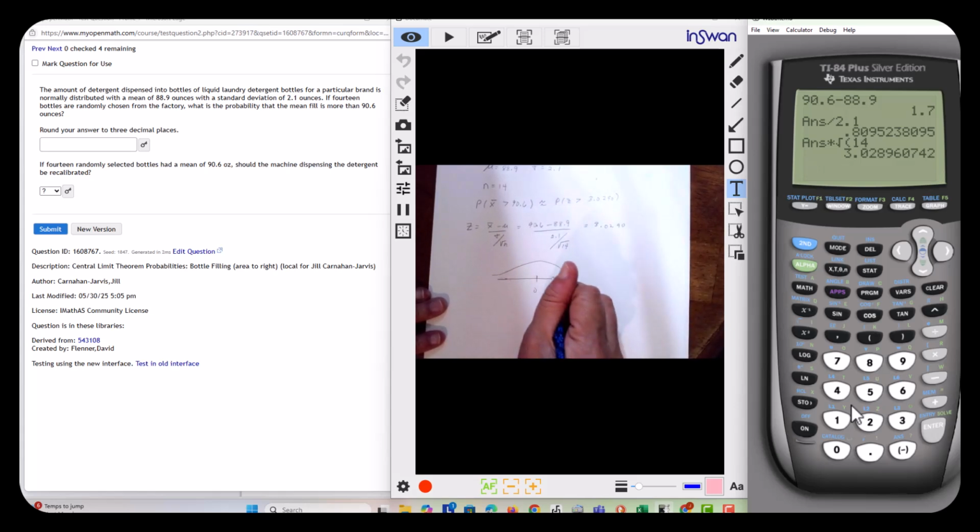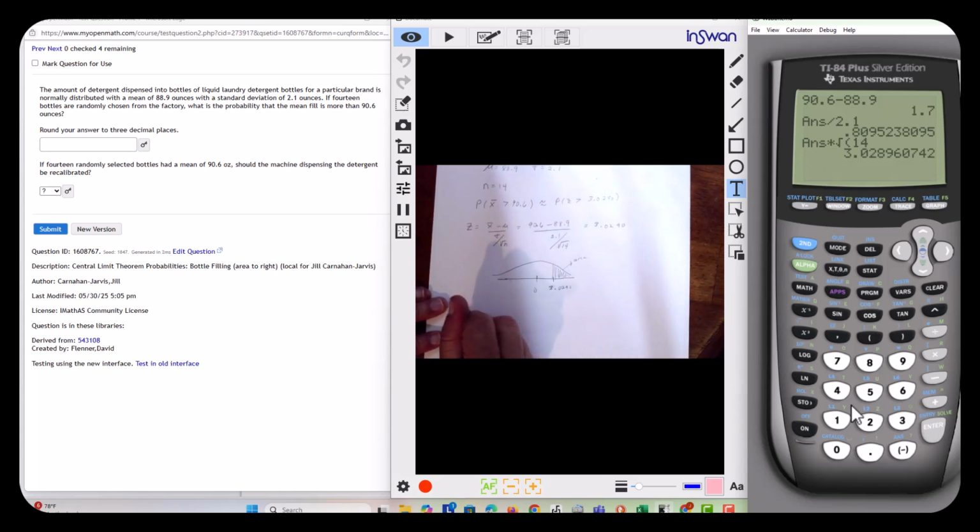This is positive, so it's over here, more likely over here. I'm just drawing it, obviously not to scale. 3.0290, and we're wanting greater than, so we're wanting this area here.